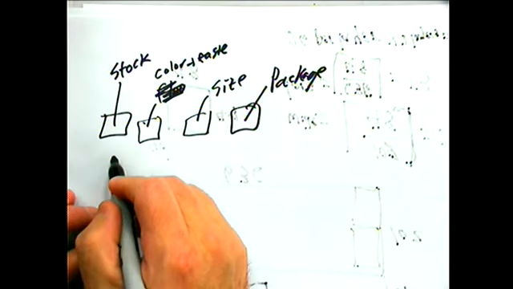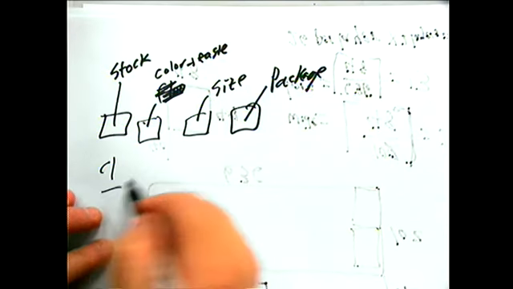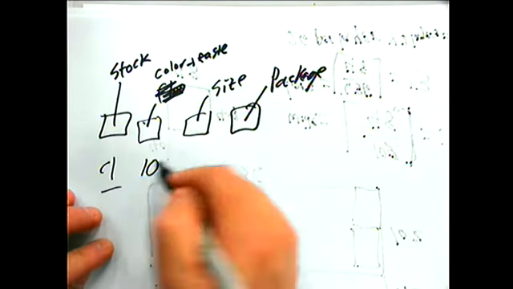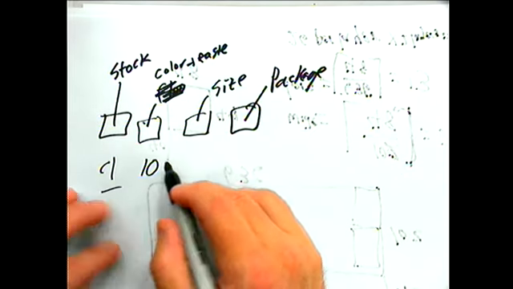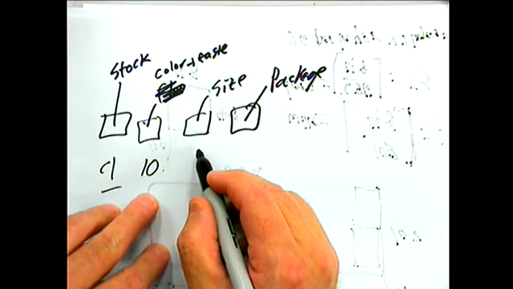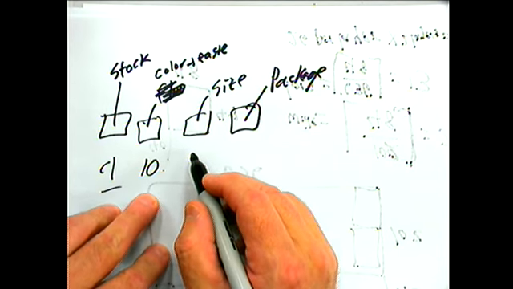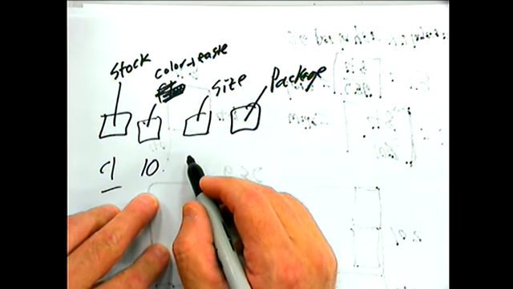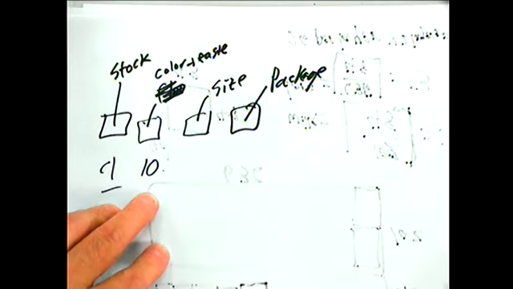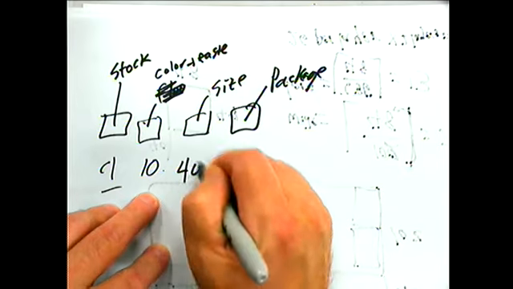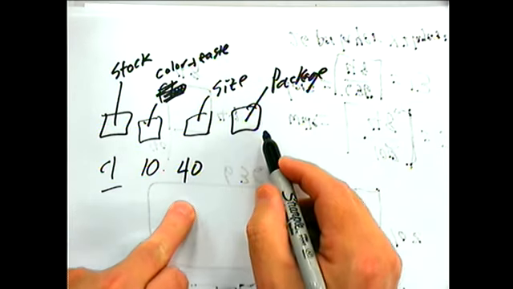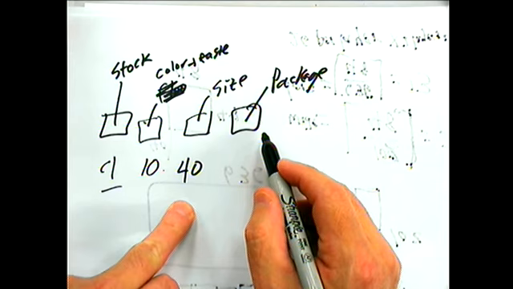So you're only going to have one of these probably, right? And then you may have 10 different colors and tastes. And then each one of those is going to have maybe 4 sizes, right? Because you have the travel size, you have the normal size, you have the economy size, and then you have the one you saw at Sam's Club. And then packaging. You're going to have promotional packaging.